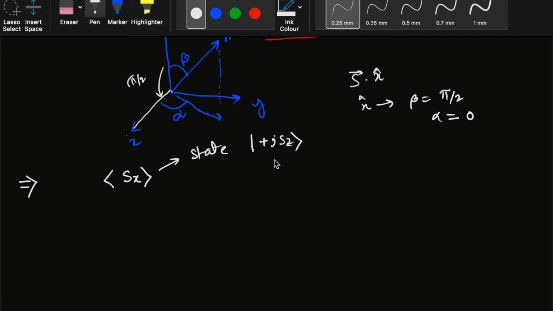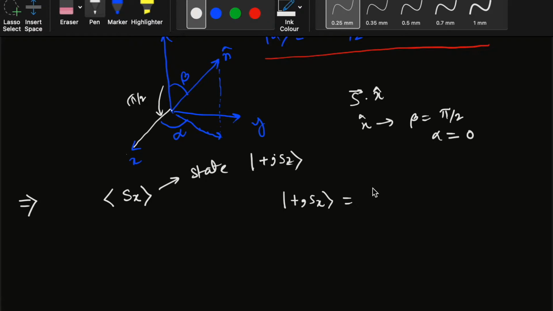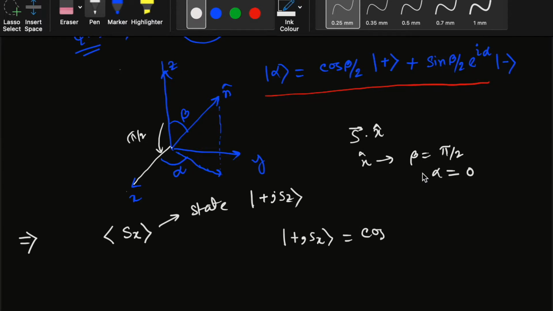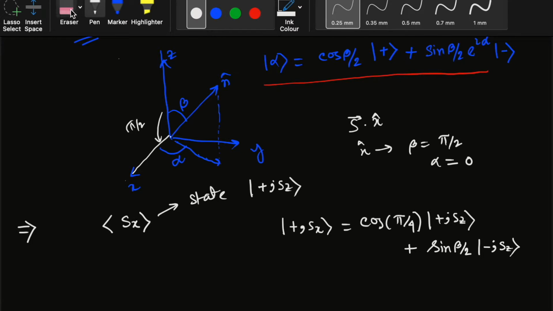That means we can write the eigenvector, or eigenstate, of the Sx operator as: plus Sx will be cos beta by 2, meaning pi by 4, times plus Sz, plus e to the power i alpha, meaning 0, times sin beta by 2, which is sin pi by 4, times minus Sz.